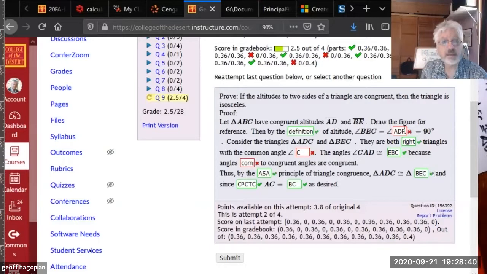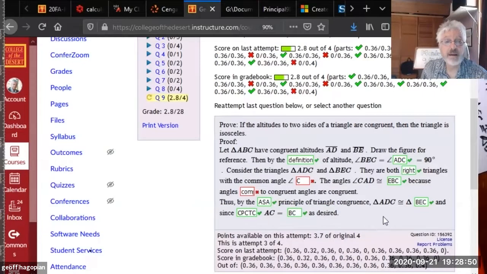Yeah, maybe it's ADC is what they want. Yeah, see, it's true, but we want the corresponding one in that. Common angle C. Oh, I guess ACB maybe? I mean, C would be enough to specify it, right?